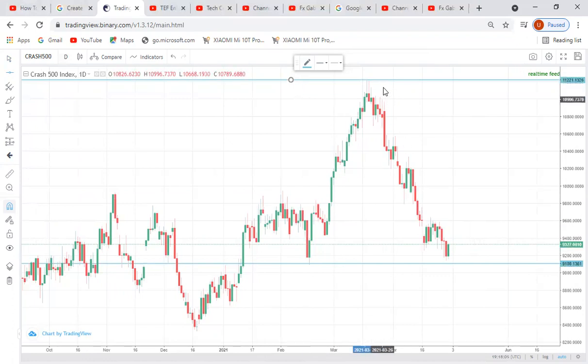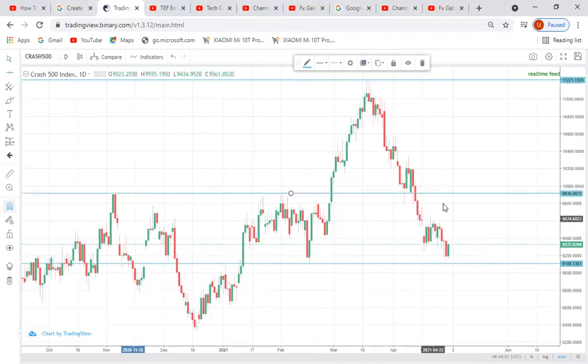So we have a major resistance over here, and since the market moved from this level to this zone, it's been falling. If we look around this particular area, we also have another resistance around here.